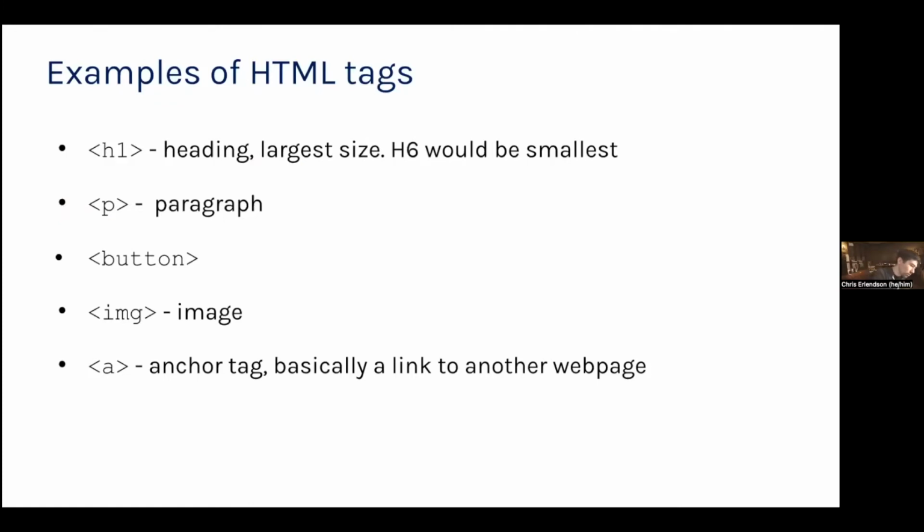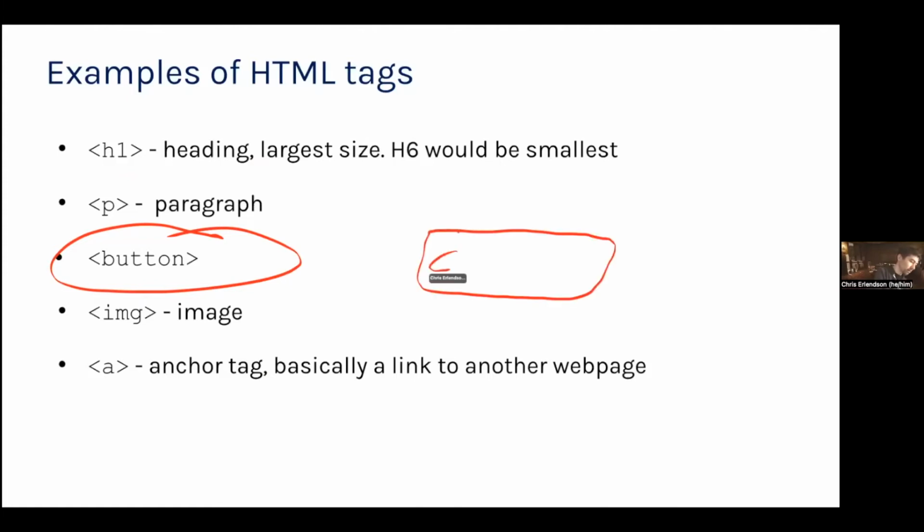And then these last few ones we're going to touch on very quickly. This one I'll focus a little bit more because it'll be an essential feature in our murder mystery game. This one does exactly what you expect it to do. It makes a button. That's all. Nothing too complicated there.